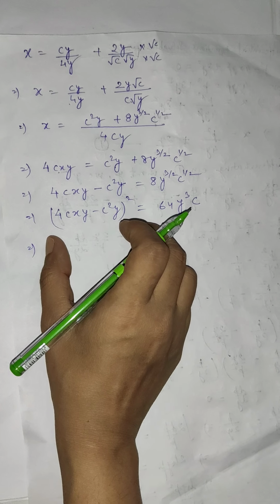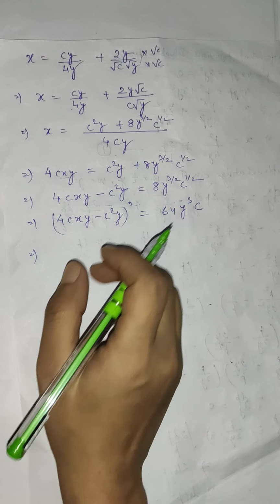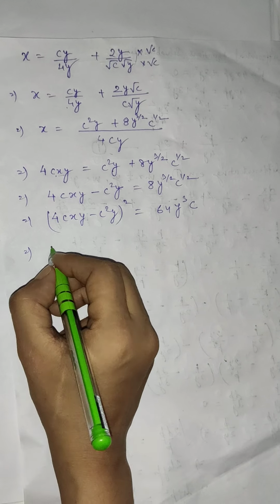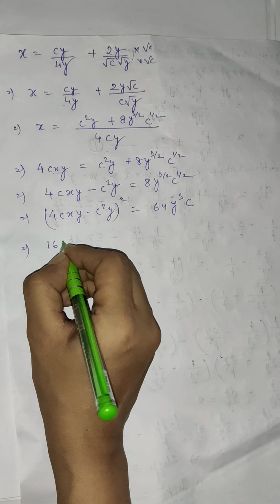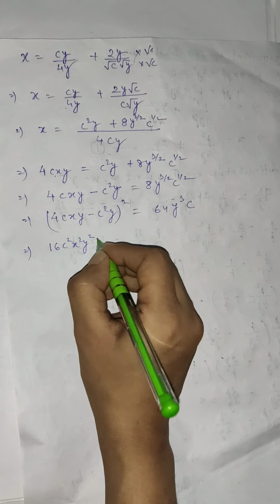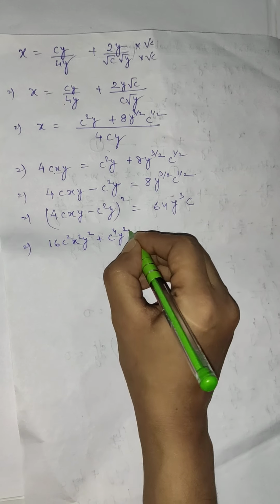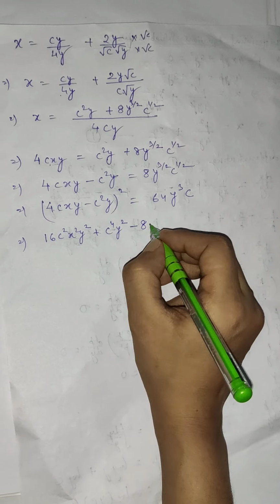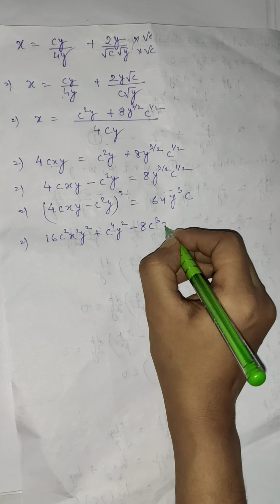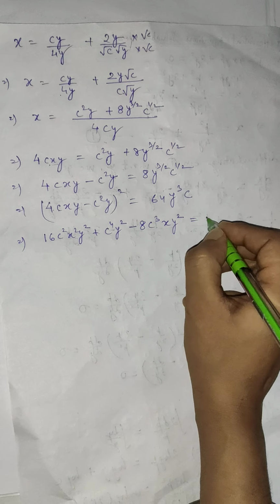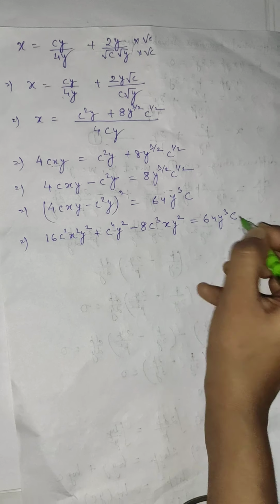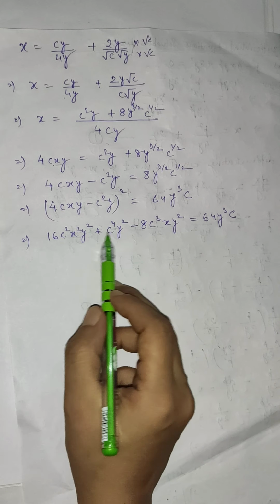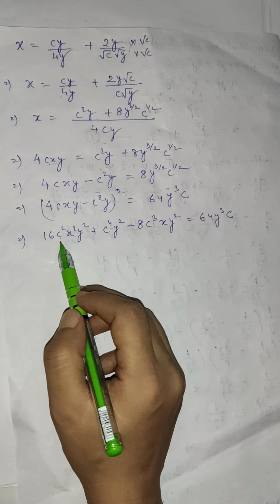We will open this in the formula a minus b whole square. So we have 16c square x square y square plus c4y square minus 8 times of c cube xy square is equal to 64y cube c. So we can take c common and y square common.